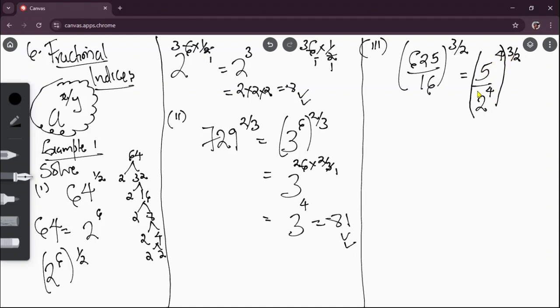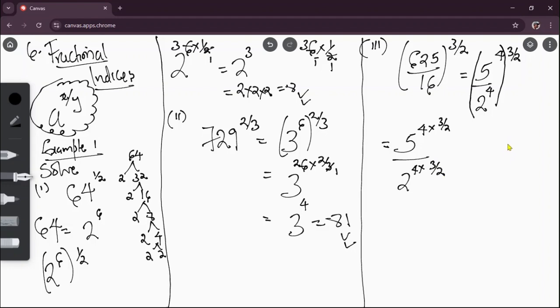Every number here needs to be multiplied. So I will come here and do this. I'll take 5 power 4, I am multiplying by 3 all over 2. Then also 2 power 4, I am multiplying by the same power because I am opening the bracket.